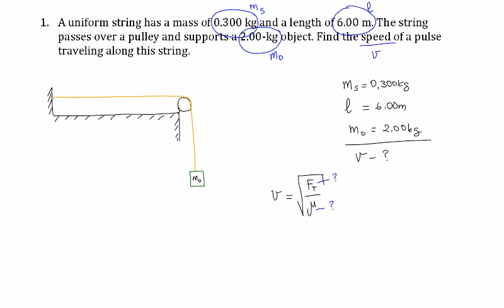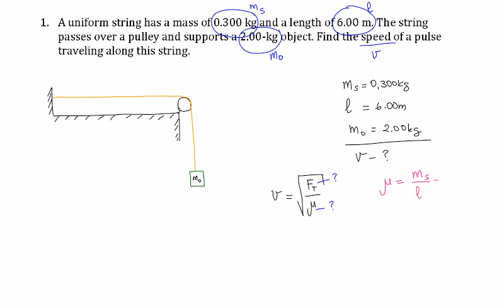So let's see, what do we know about linear mass density? For linear mass density, I am going to write the definition. That is the mass. When we talk about linear mass density, obviously we're talking about the string. So that's the mass of the string over the length of the string.